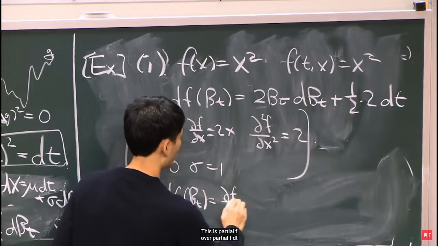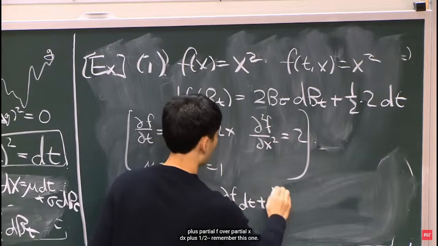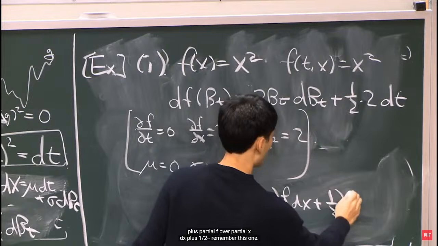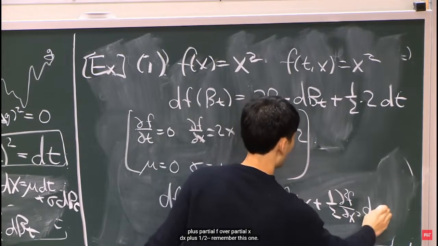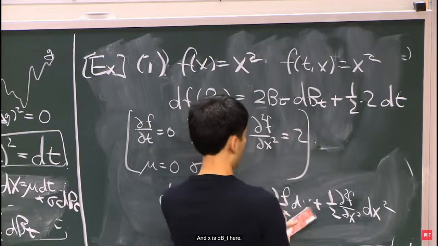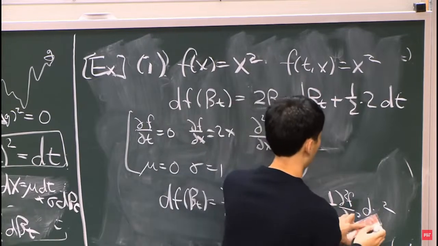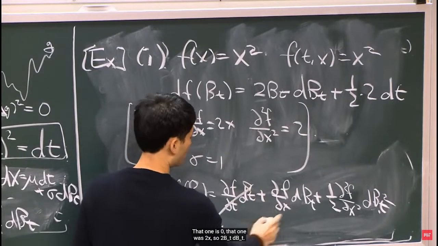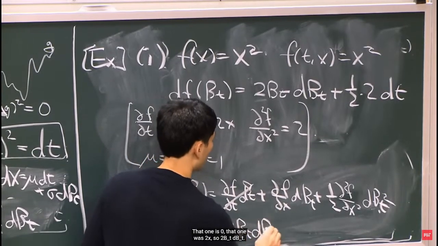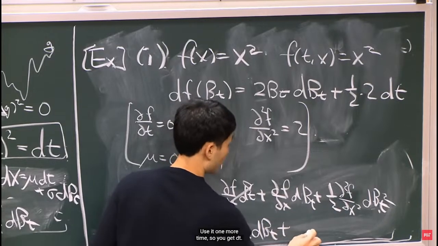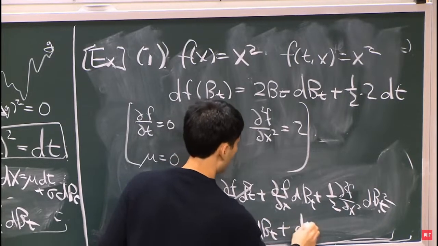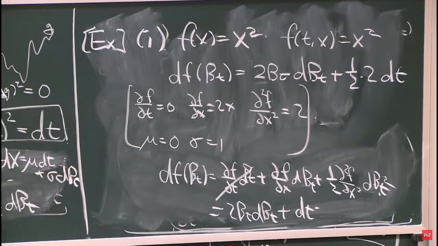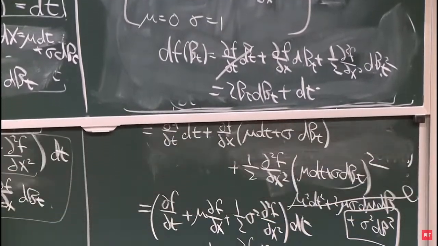This is partial f over partial t dt plus partial f over partial x dx plus 1/2 partial second derivative, remember this one. And x is dB_t here. That one is 0. That one was 2x, so 2 B_t dB_t. And you do it one more time, so you get dt. Cool. Does it make sense?